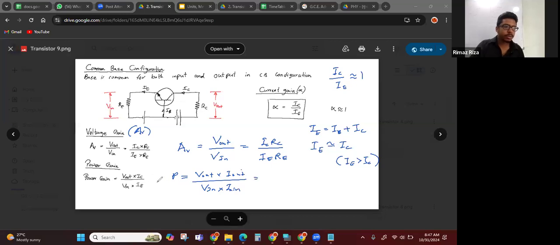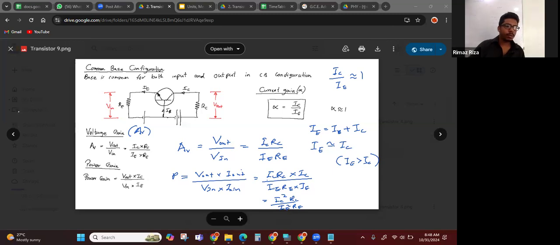V out is ICRC times I out, which is IC, and then V input is IERE times IE. So here we can write IC squared RC divided by IE squared RE.